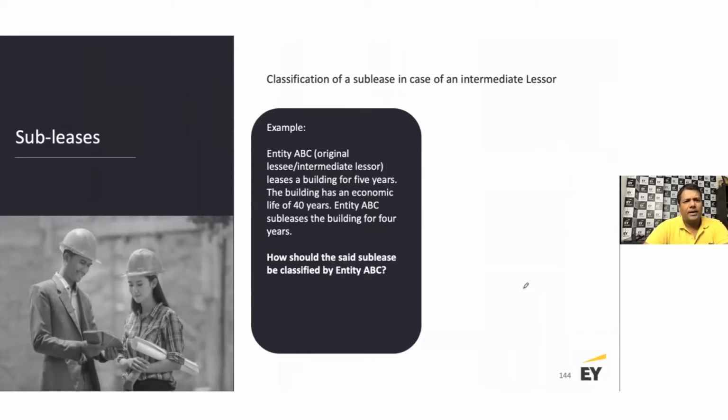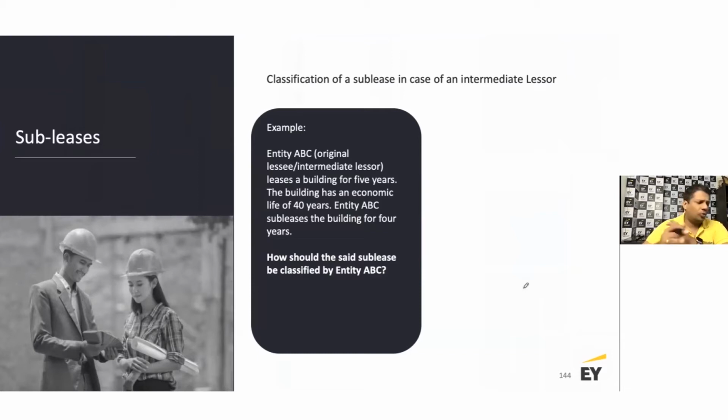Entity ABC, which is the original lessee, the intermediate lessor, leases a building for 5 years. The building has an economic life of 40 years. Entity ABC subleases the building for 4 years. How should the said sublease be classified by entity ABC?